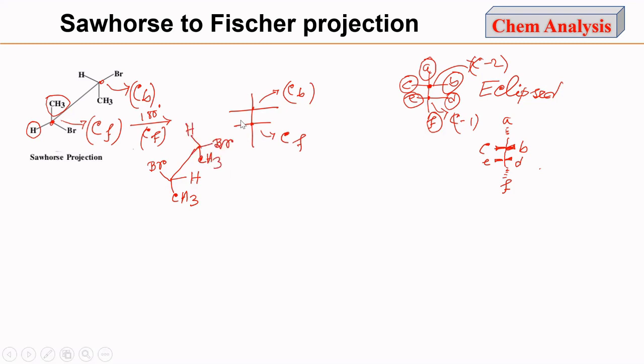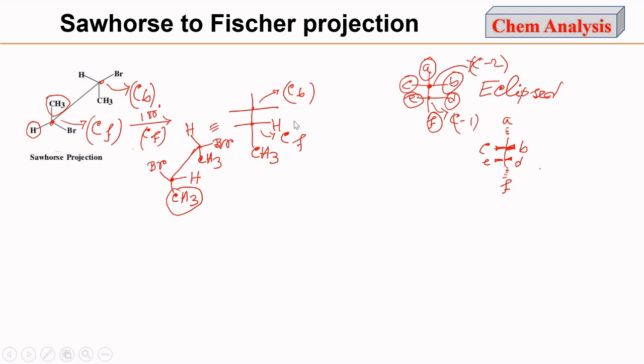If we convert it into a Fischer projection formula, then since methyl is below the plane and it is the front carbon, on the vertical axis below will be methyl. As you are viewing this compound from front carbon to back carbon, the hydrogen atom and bromine atom are on the right side of you.